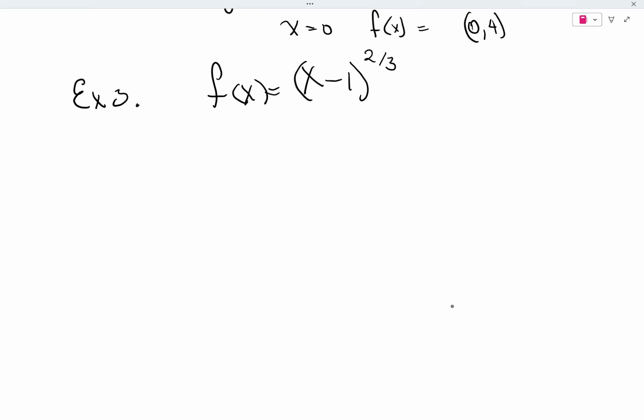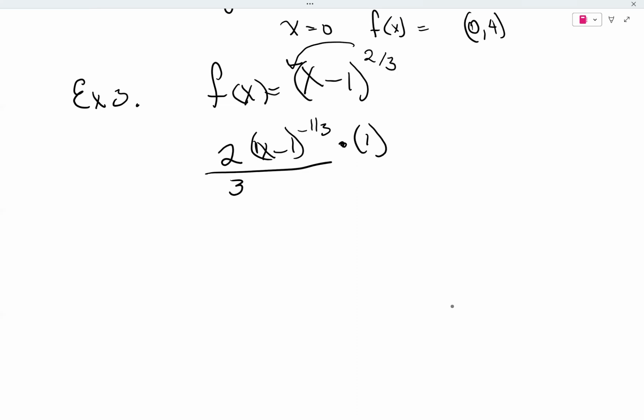So we're going to begin with multiplying. So we have 2/3. And initially this becomes x minus 1 to the negative 1/3. And obviously you multiply by the derivative of the inside of this, which is 1, since it's 1 at x.